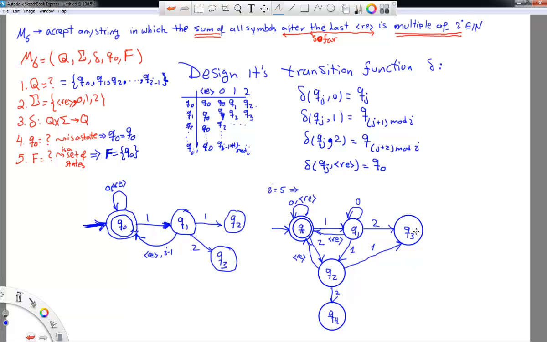Now let's work with Q sub 3. Q sub 3, if it sees 1, it goes to Q sub 4. If it sees 0, it stays here.